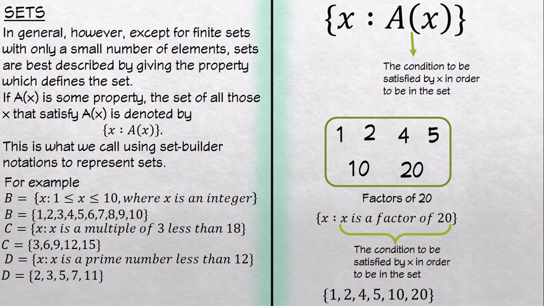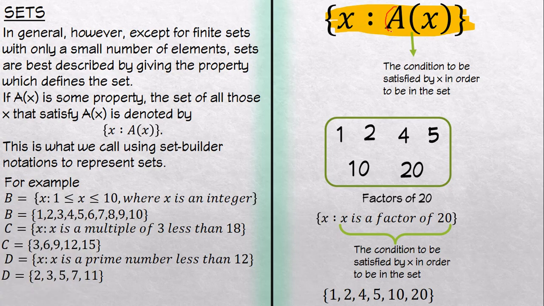And there is also another way by which we can write down sets. That is, if we decide to use the set notation form. In that case, we have the set notation given as this. So we have the curly bracket, then inside the curly bracket we have x such that A of x.